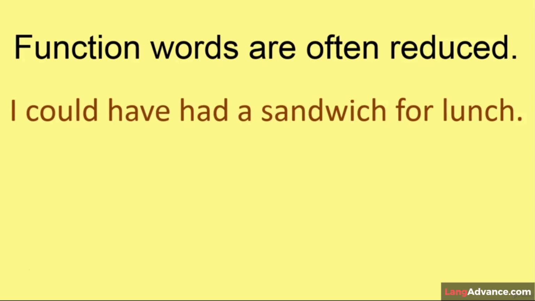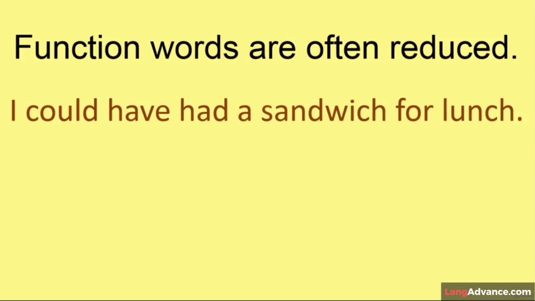Now, let's pronounce each of these words as your dictionary might tell you to pronounce them. I could have had a sandwich for lunch. Now this is a very clear way of speaking, and there is little chance that you would misunderstand me.